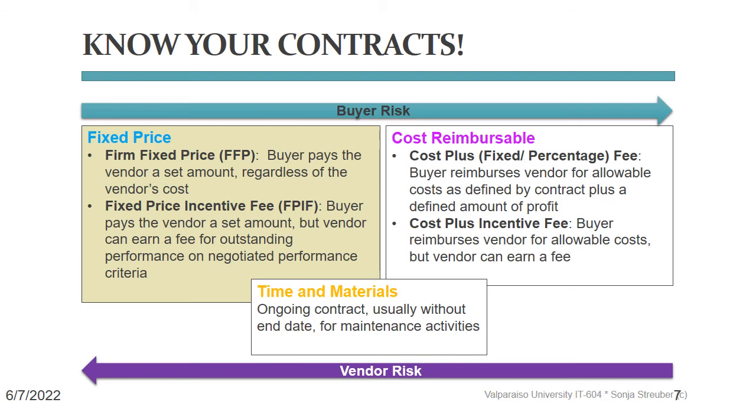But what if the element that you need to have built is less strictly defined by your statement of work and remains more experimental, like something nobody has ever built before? This is where your supplier may ask for a cost reimbursable contract.